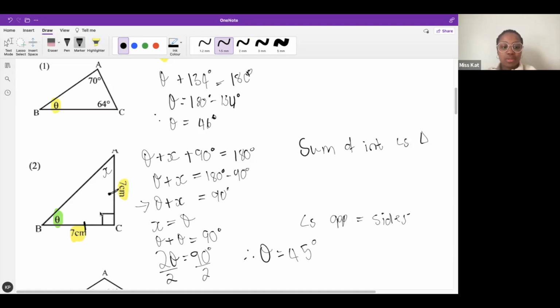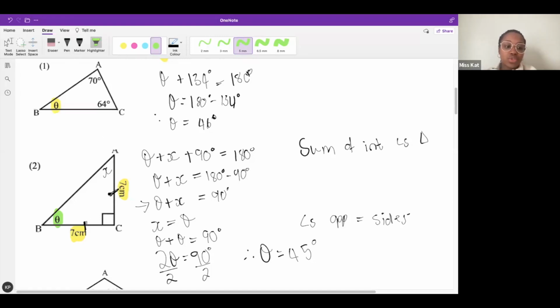So if the sides are equal, what type of triangle do we have here? A right angle. Okay, it is a right angle, but what else can you tell me about this triangle? Two sides are equal, so it is a scalene. No. Try again. An isosceles. There we go. And what are the properties of an isosceles triangle? It has two sides that are equal, but it also has two angles that are equal.